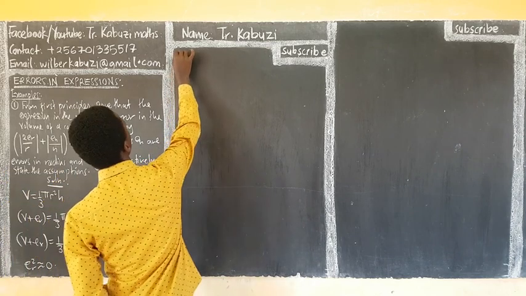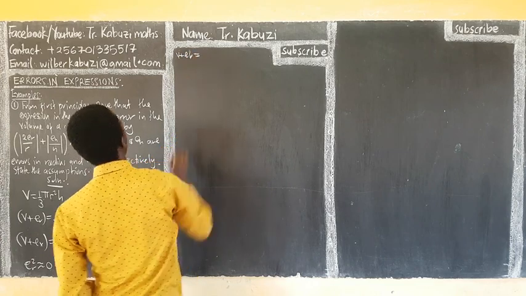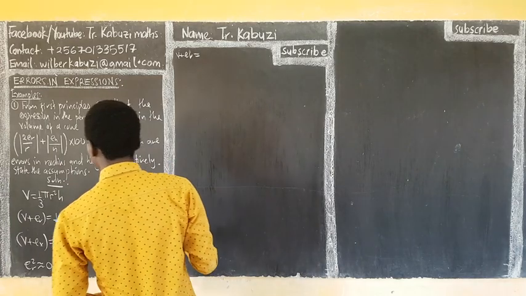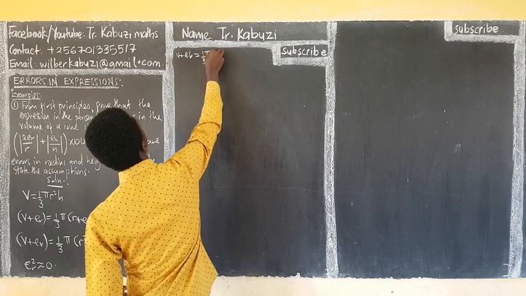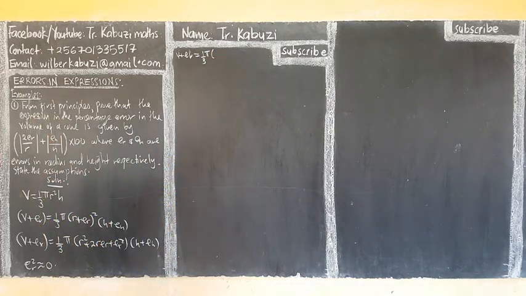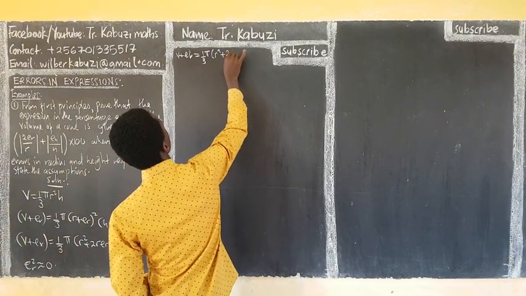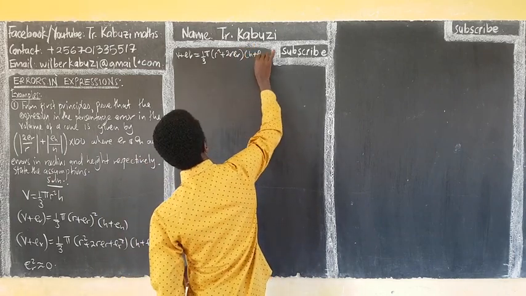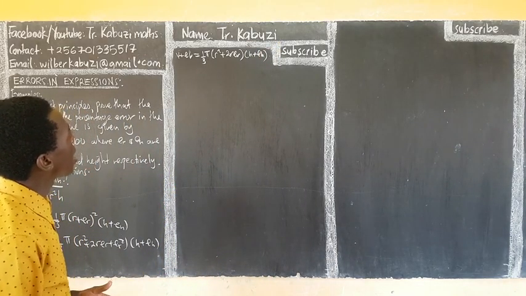We have V plus EV. Now this will give me a third pi into r squared plus 2r ER, where the ER squared term is approximately 0, into h plus EH. Now we can expand as we want.